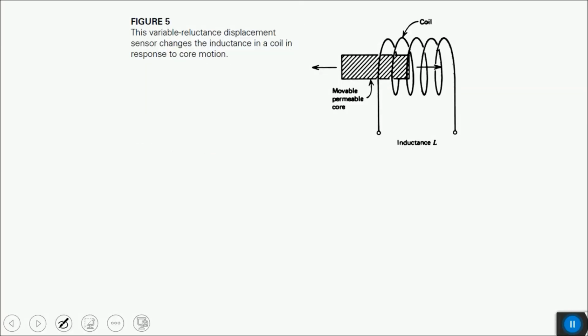Then finally in displacement sensors we have the LVDT, and the basis of an LVDT is a variable reluctance or a variable inductance based sensor. In that kind of sensor, you have a fixed coil but a movable, permeable core that can be moved inside that inductor.